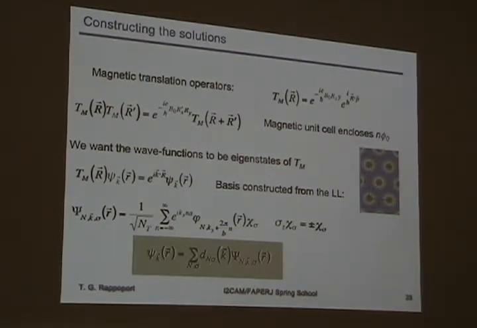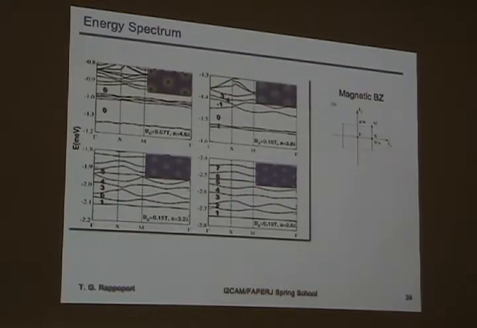We have to diagonalize a matrix that will give you this K-dependent D. So then we get this energy spectrum from the limit of very low fields to the limit of very high fields, using this approach of mixing all these Landau states.